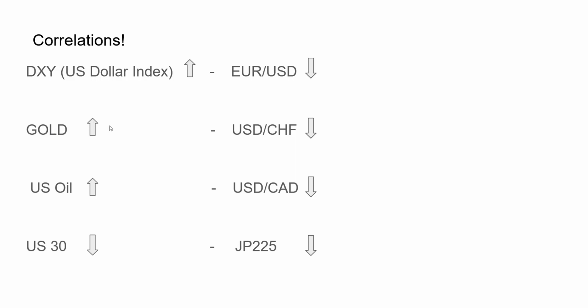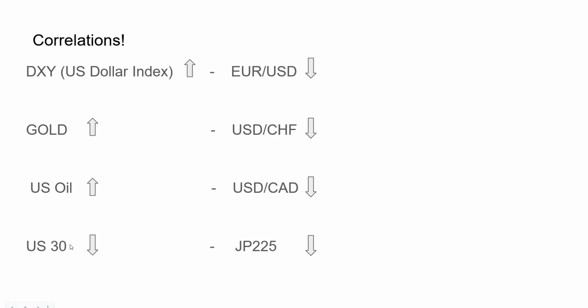Okay, gold. When gold increases, maybe the US dollar versus the Swiss franc will drop, guys, and when gold drops, this pair could increase. Also, when US oil increases, this pair, US dollar versus the Canadian dollar, could drop. Or when this pair drops, the price of US oil could grow.